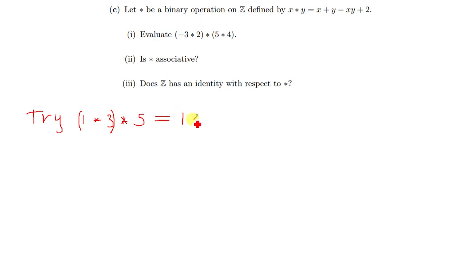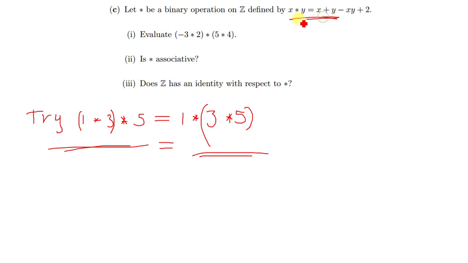Then you say again 1 star 3 star 5. So you test these numbers. If whatever you get this side is equal to what you find this side, then conclude to say star is associative. But if they are different, then star is not associative, according to this operation. So this is basically how you solve such a question. If you've been given such a question, this is how you solve it.